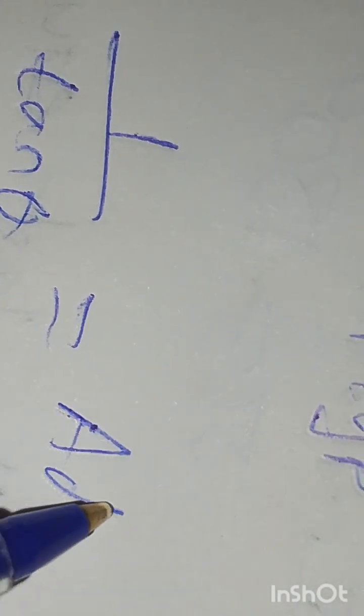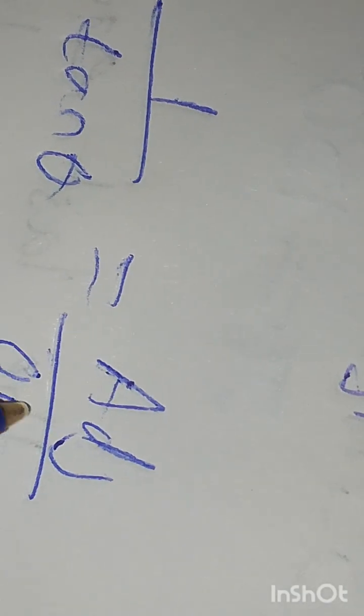We also have tan theta. 1 over tan theta: tan theta is opposite over adjacent, so here we have adjacent over opposite, which is cot theta. When you take the inverse of the trigonometric function for tan, you have what you call cot theta.